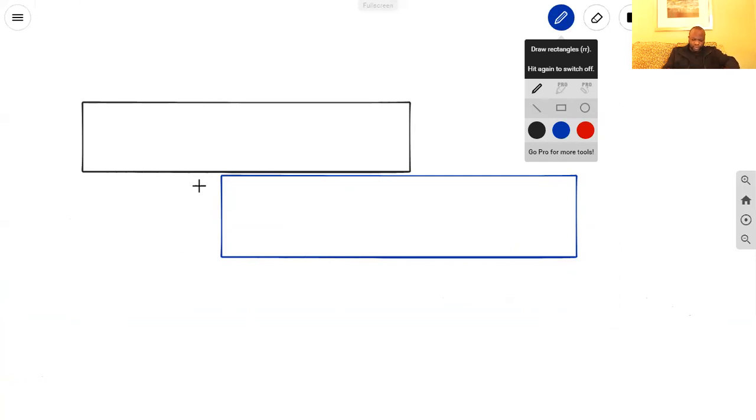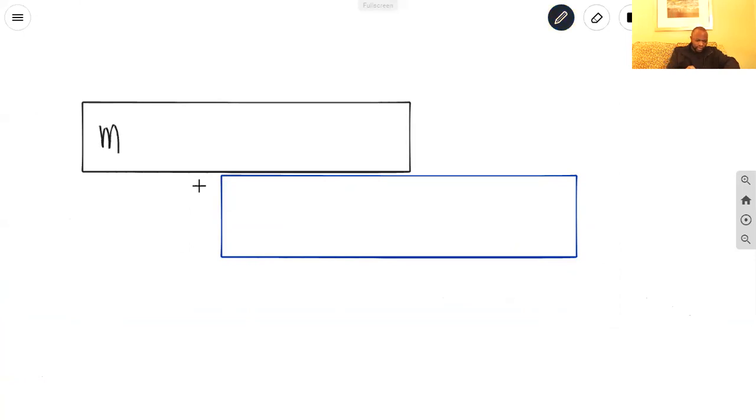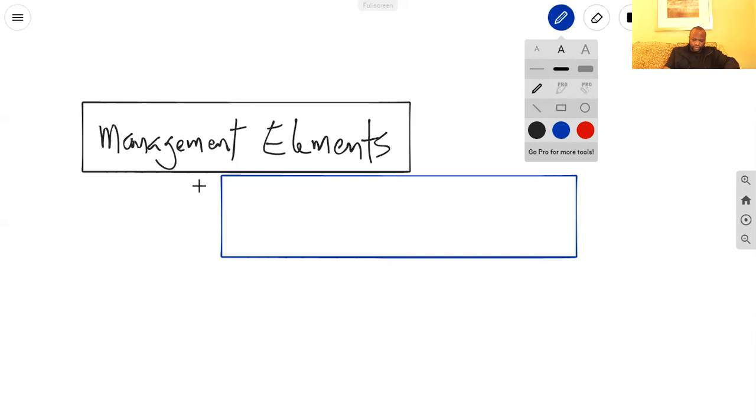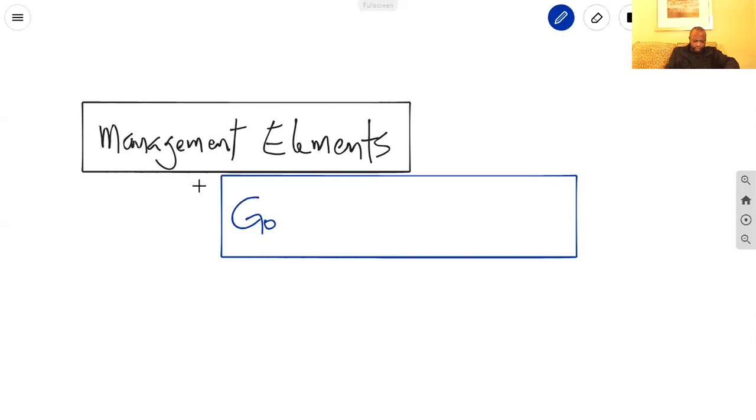So let's just write a few things here. Management elements. Okay. Next slab, governance frameworks.